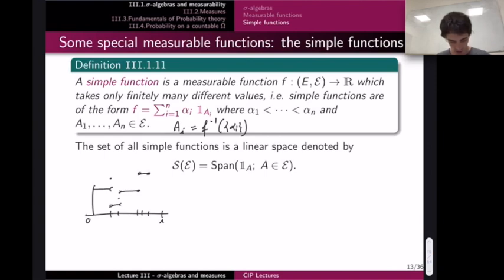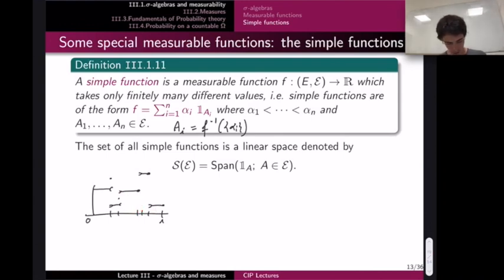I've forgotten one, it's not important. Here it has to be open. And here, maybe something like that. So this is a simple step function, and we can integrate it in the sense of the Riemann integral by saying that the integral of this function is the sum of this rectangle here, plus this rectangle, plus this one, and this one.